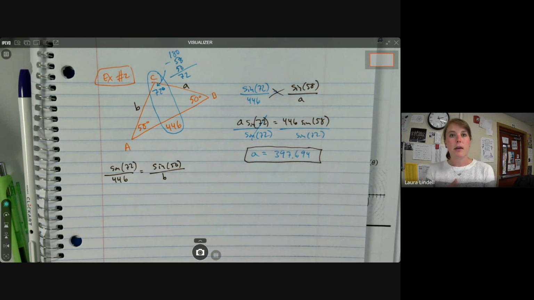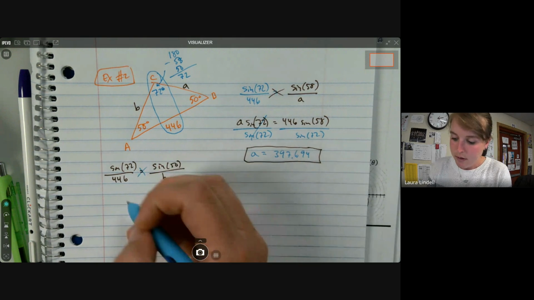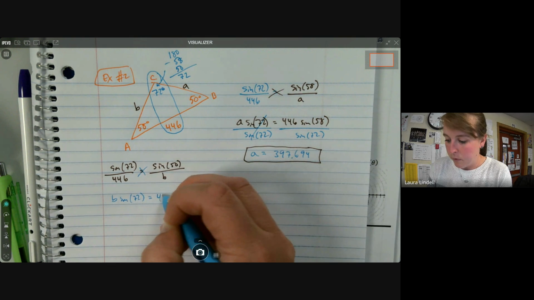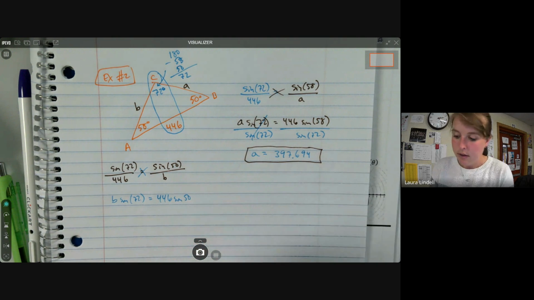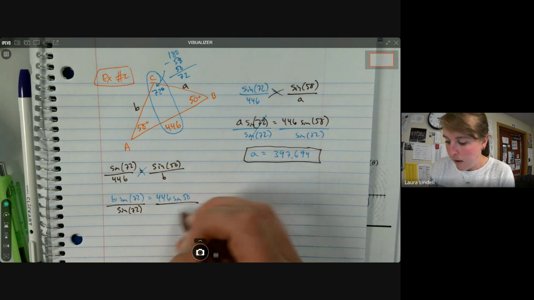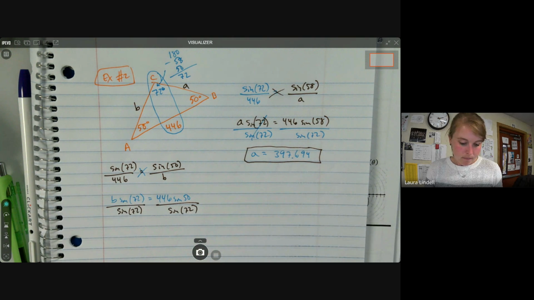So we do the same thing where we cross multiply. B sine of 72 equals 446 sine of 50, dividing by sine of 72. So this time, 446 sine of 50 divided by sine of 72.